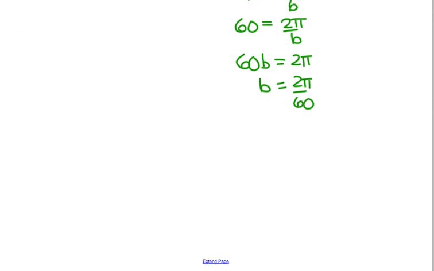Reduce it by 2. And you get pi over 30. So now we know our B.